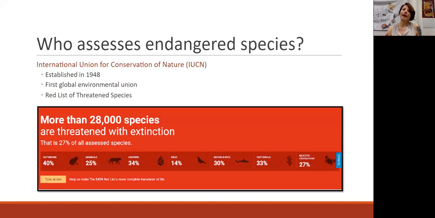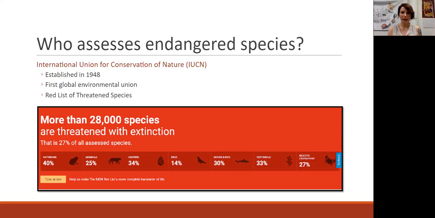So the group that ultimately determines the status of a species is called the IUCN, or the International Union of Conservation of Nature. So this is not a government organization. A lot of people think that this is something that's done by our government. This group was first established in 1948, and it was the first group looking globally at endangered species as a problem.